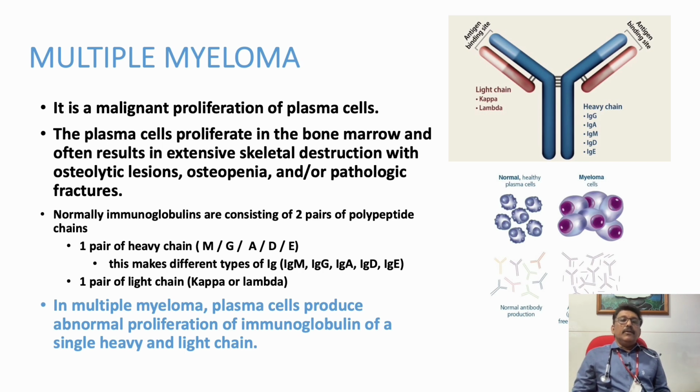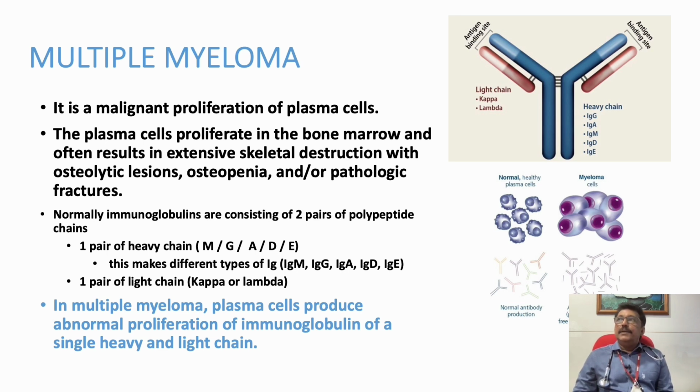So multiple myeloma means monoclonal proliferation of these plasma cells. The numbers of these plasma cells are excessively produced. The numbers are increased in bone marrow, that is multiple myeloma. Plasma cells proliferate in bone marrow and it can lead to reduced production of all other cells.